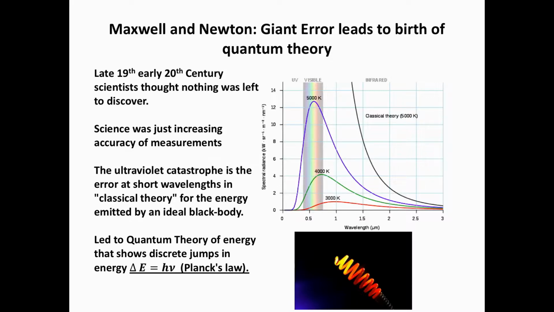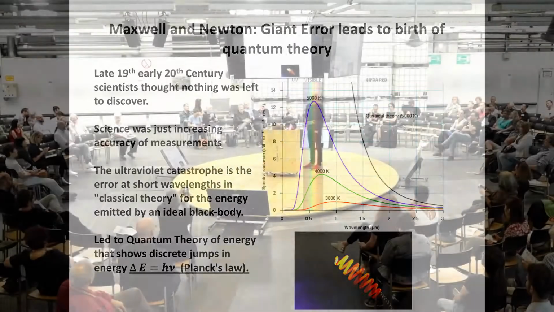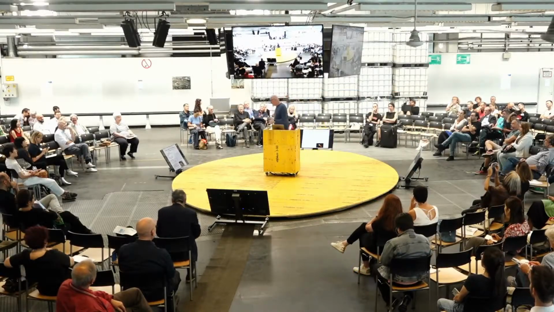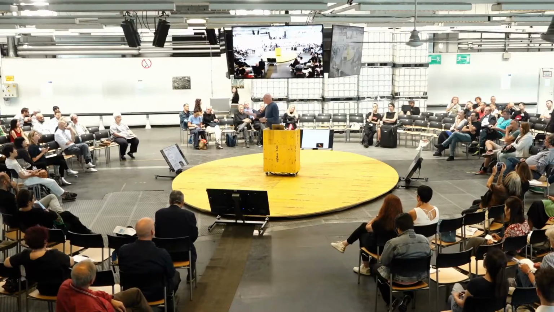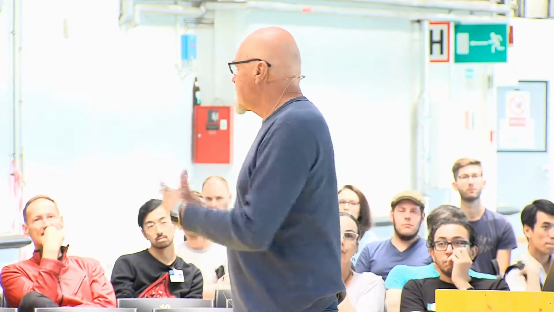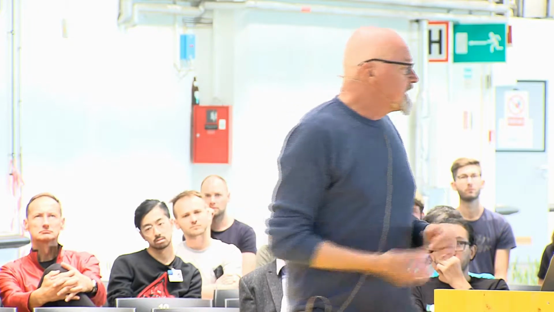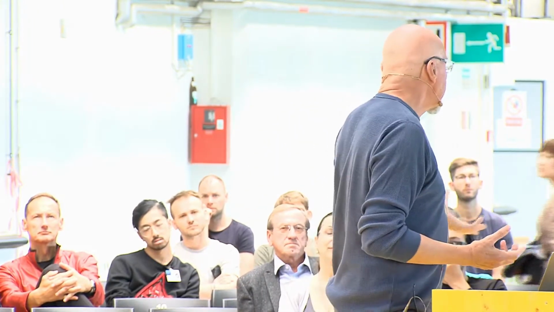It was a massive error, but this error led to one of the most important changes in our thinking about science, quantum mechanics. And Max Planck had to come up with some idea, there are jumps. But he didn't like that idea. Nobody liked it, but it became accepted, and that's why we have quantum mechanics from this massive discrepancy, a systematic error between theory and experiment.